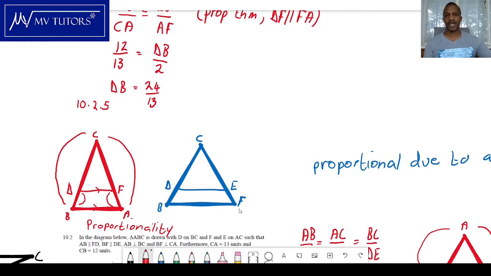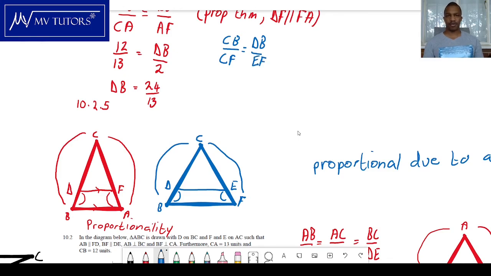Now dB is not what we're looking for. We're looking for EF, right? So we'll do the same configuration this side. We will say CB over CF. CF is equal to dB over EF, just like that.